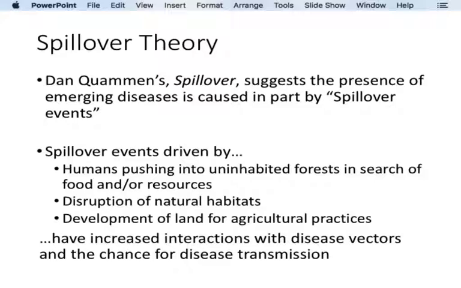And then development of land for agriculture all increases this interaction between reservoir and human, thereby likely increasing the likelihood of these spillover events. It's Quammen's argument in this book that these account for the jumping of HIV from chimpanzees into humans, Ebola from fruit bats to humans, and other similar, what we would call exotic diseases.